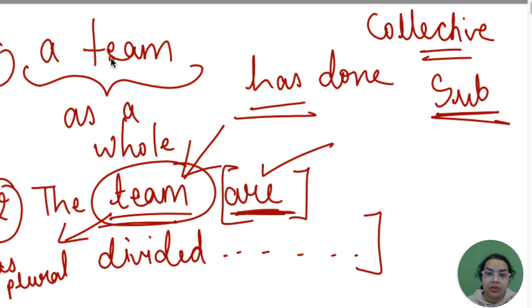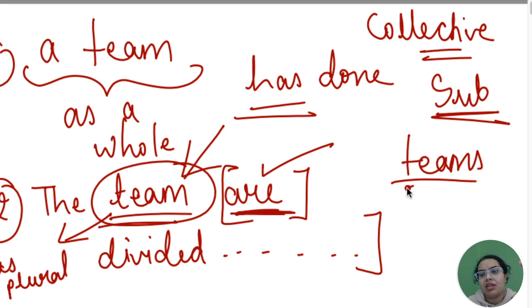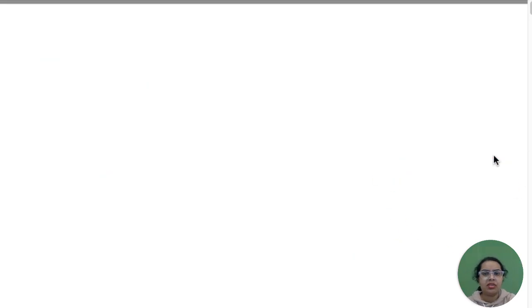Is that word being treated as a whole, or is the word being treated as the individuals in it, or as the parts that are forming that particular collective noun? Yes, apart from this, the third way is I already have the word teams. I don't have to worry, it is plural. So that's why I will use are, I can use have, or whatever I want. I hope this is clear.